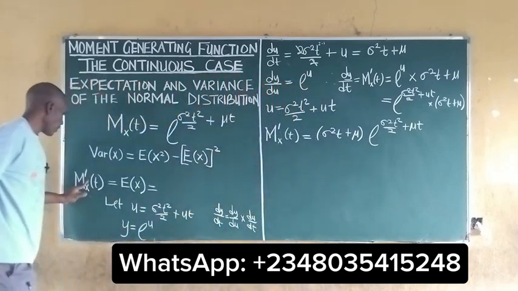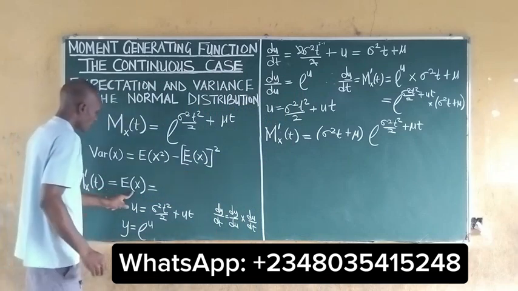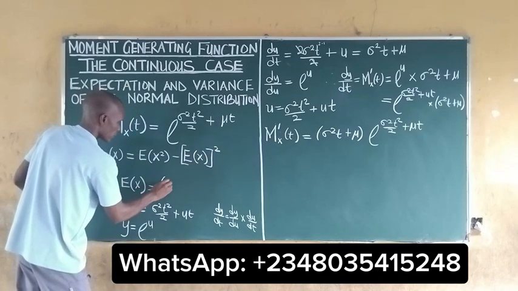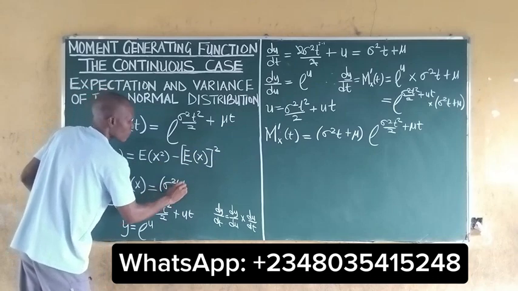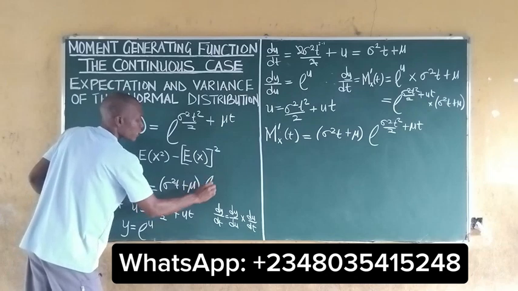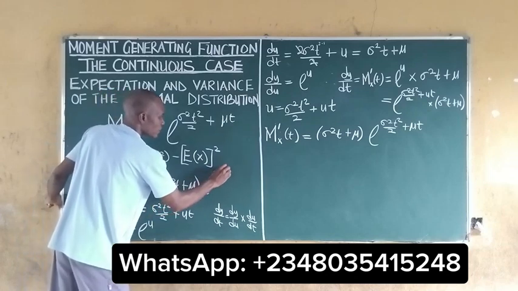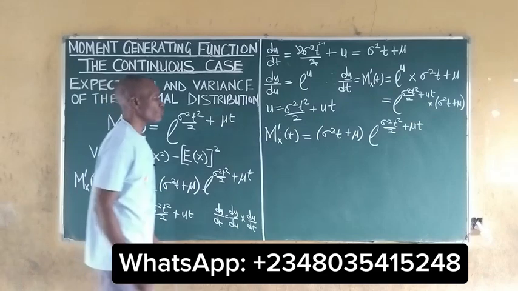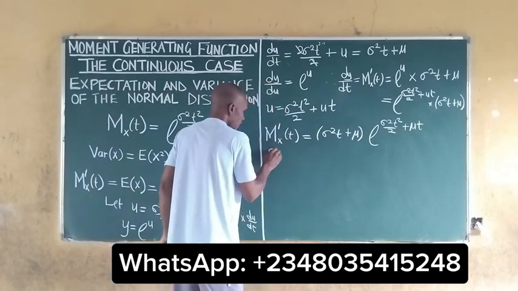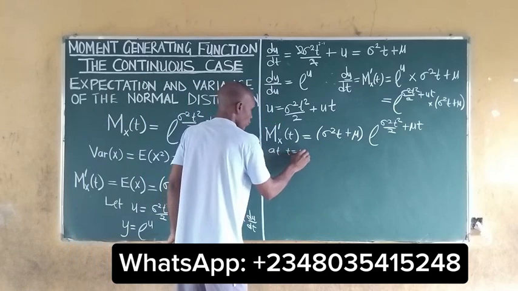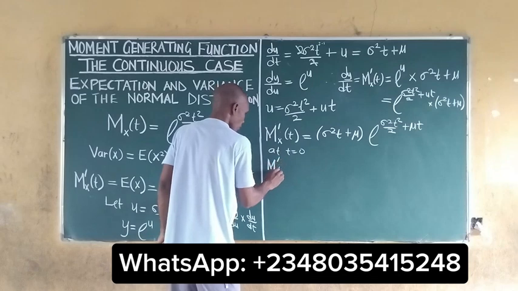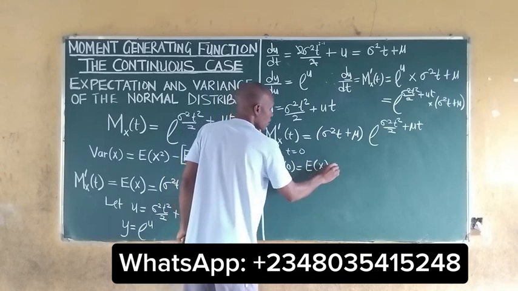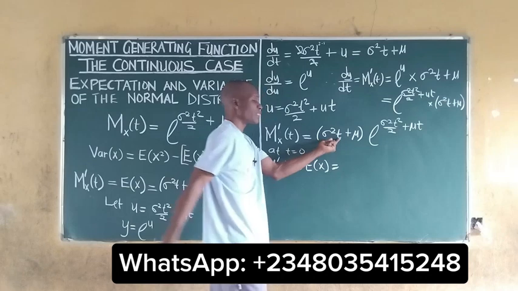It means that the first moment, which is the expected value of x, is equal to sigma squared t plus mu, multiplied by exponential sigma squared t squared all over 2 plus mu t. This is what we got as our first moment. But at t equal to 0, the expected value of x, anywhere we see t, we put 0.